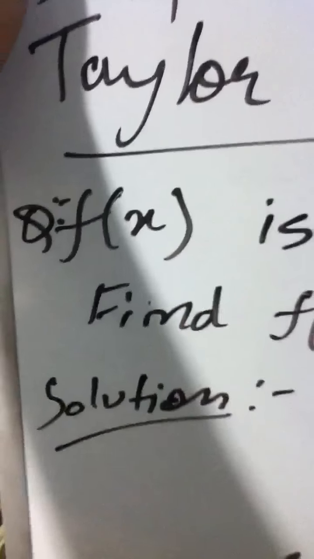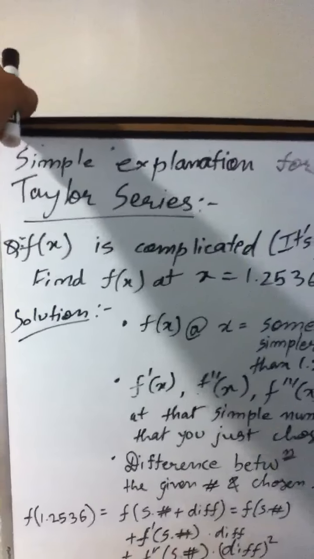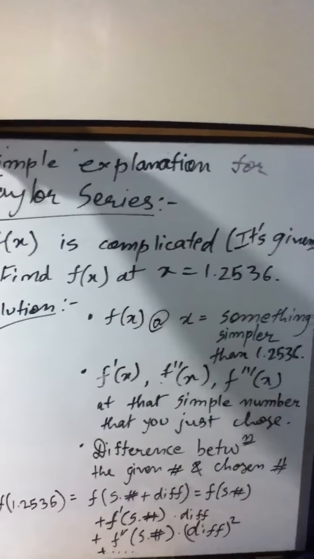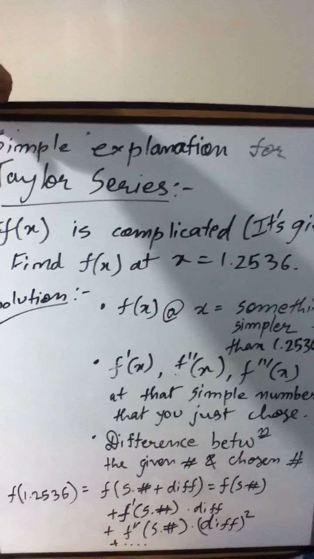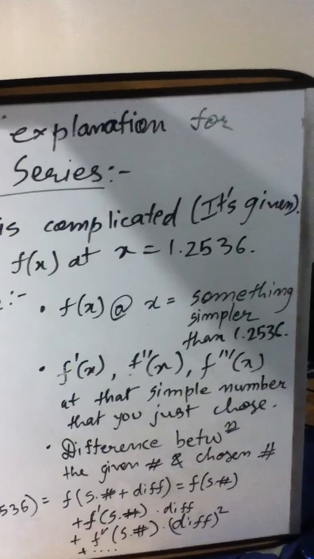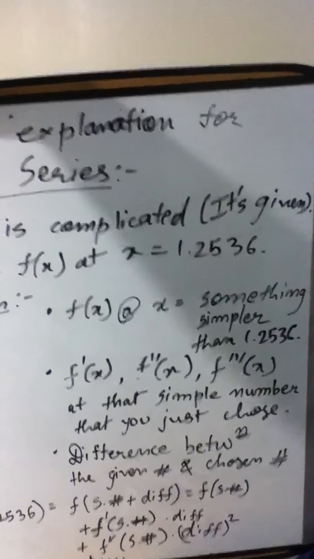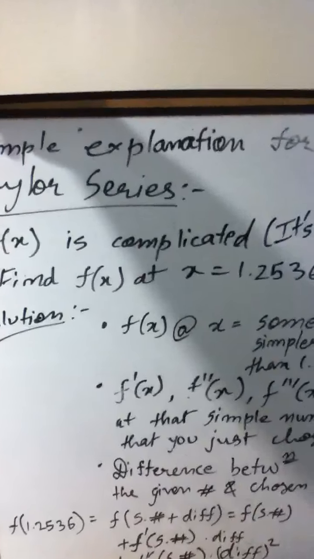Now this is the question. If a given function is f(x), and it's a complicated function, and you were asked to find the value of f(x) at x given as another complicated number, 1.2536, then you should use Taylor series to get that.